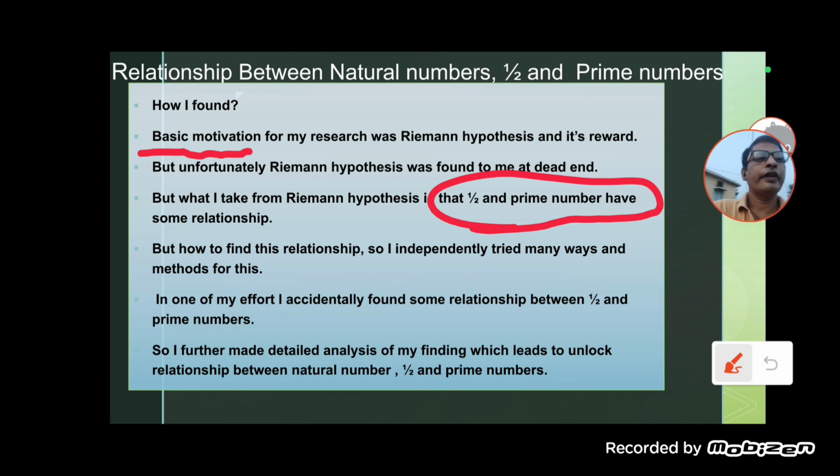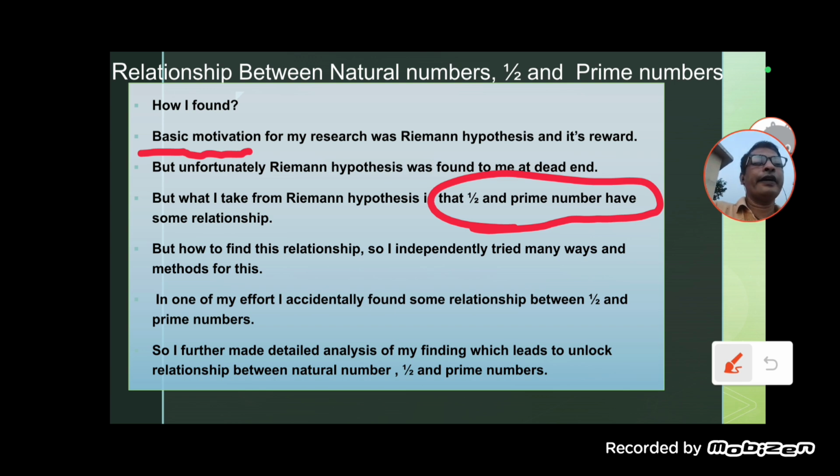Taking in mind that 1/2 and prime numbers have a relationship, how to find this relationship? I independently tried many ways and methods. How can I establish the relationship of 1/2 and prime numbers?